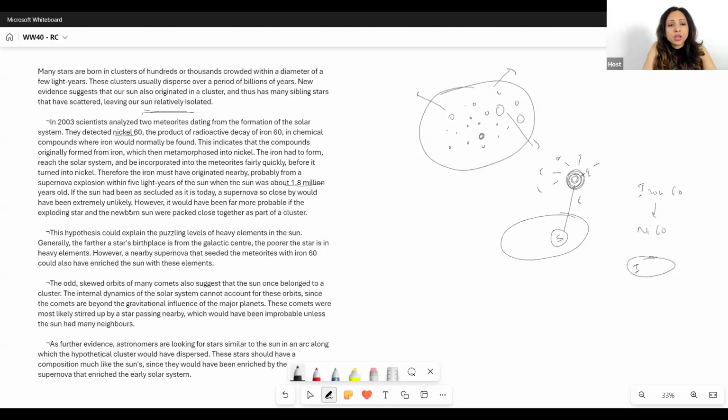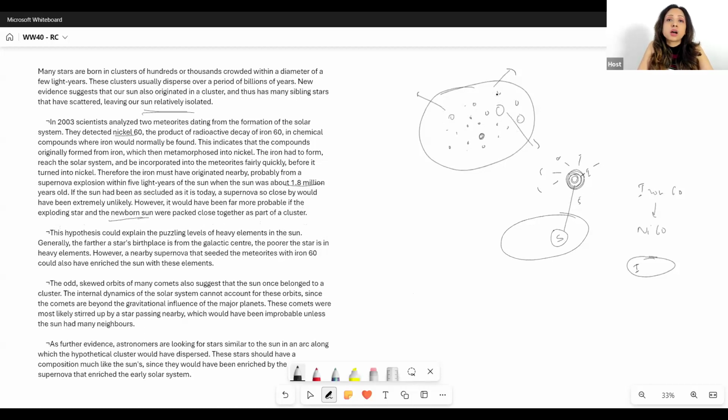However, it would have been far more probable if the exploding star and the newborn sun were packed close together as part of a cluster. I know that 1.8 million years is a newborn sun. So we're saying that the sun was relatively very new at that time. If it was a cluster, then it becomes far more probable. And that makes sense, right?